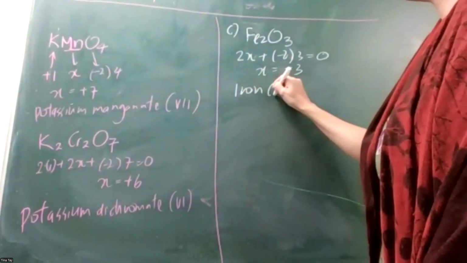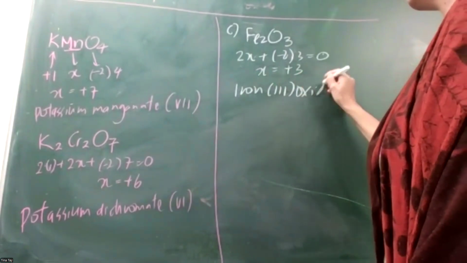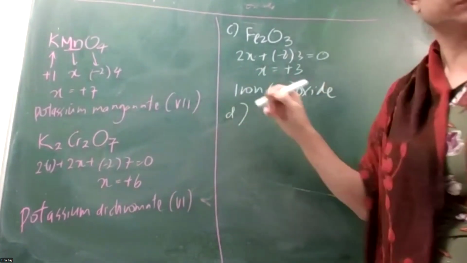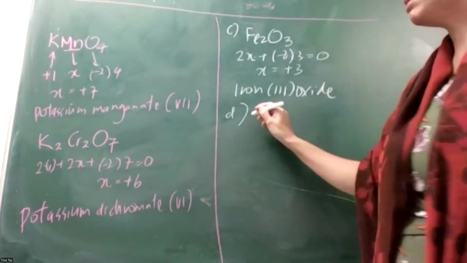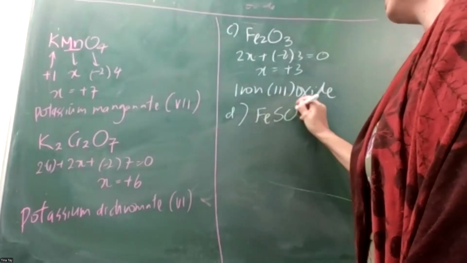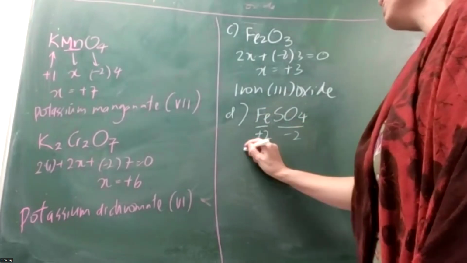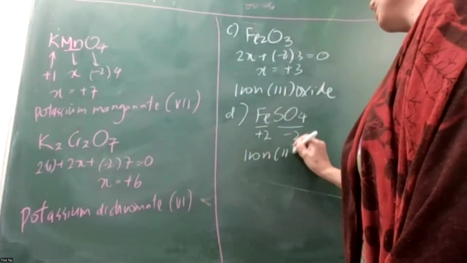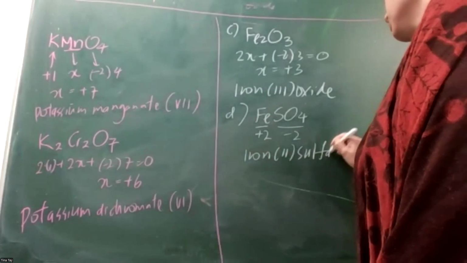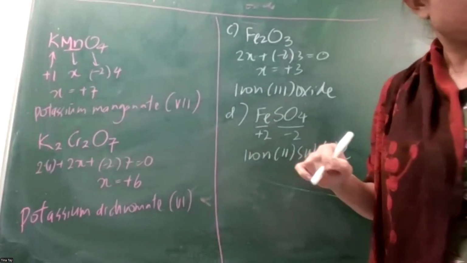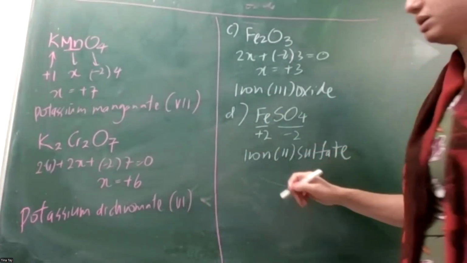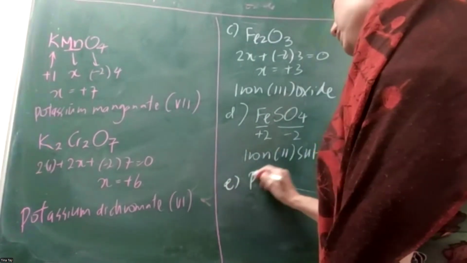So iron 3 oxide. Okay. FeSO4: positive 2 because this one is negative 2. Iron 2 sulfate. Okay, E we did just now.